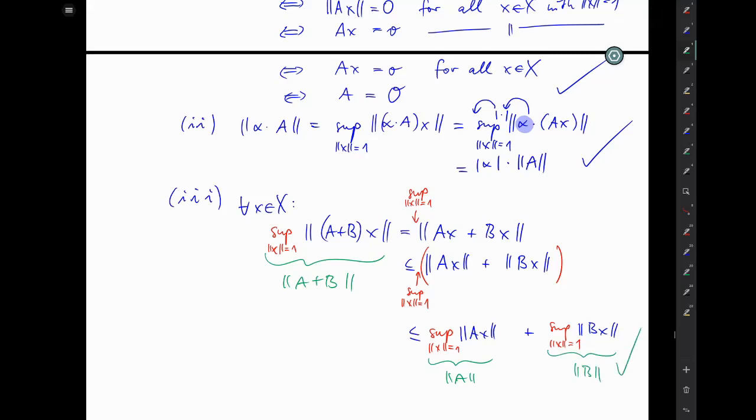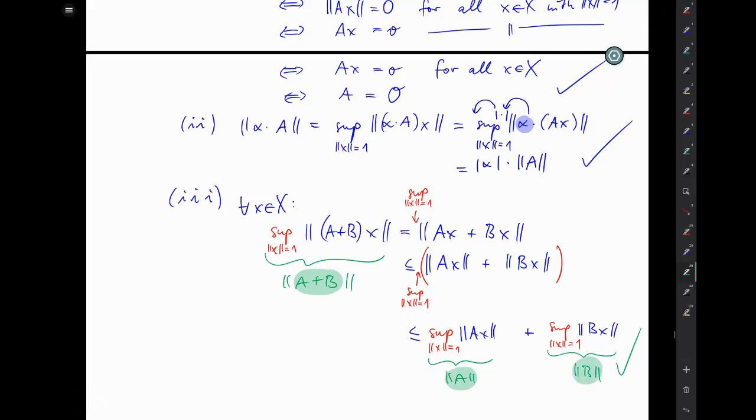so it's indeed a norm. And by doing so, we have also shown what we promised before, that if A and B are bounded operators, also A plus B is a bounded operator, because the supremum of this expression is not bigger than that norm and that norm added together.